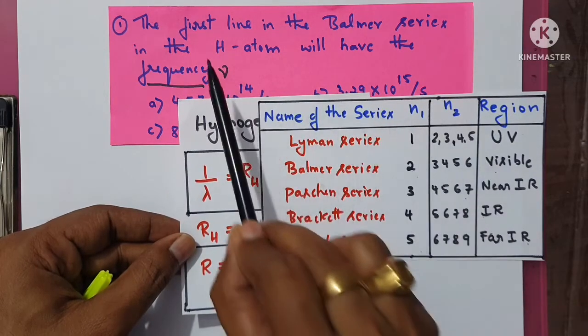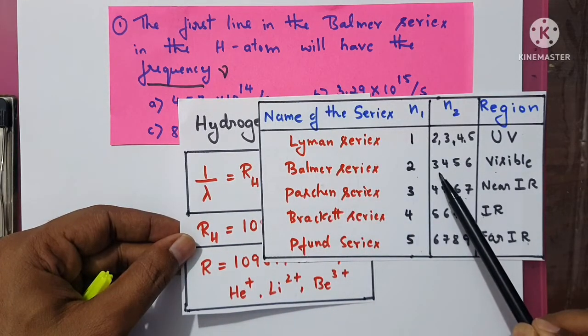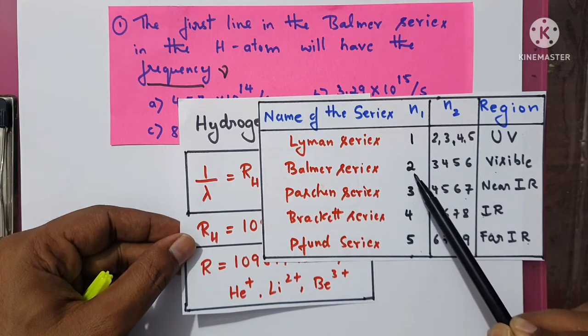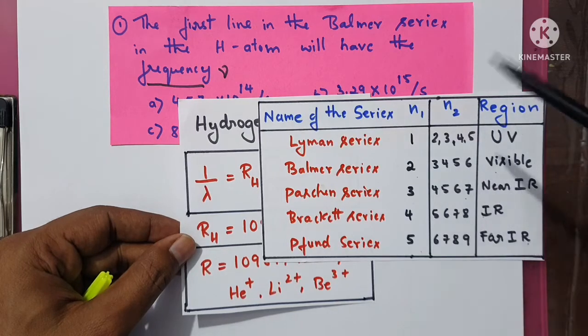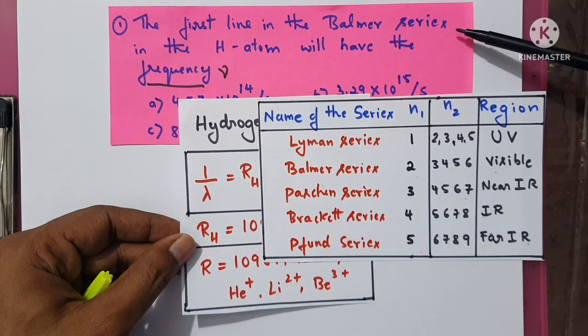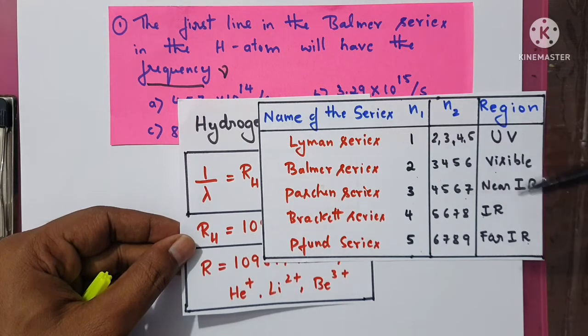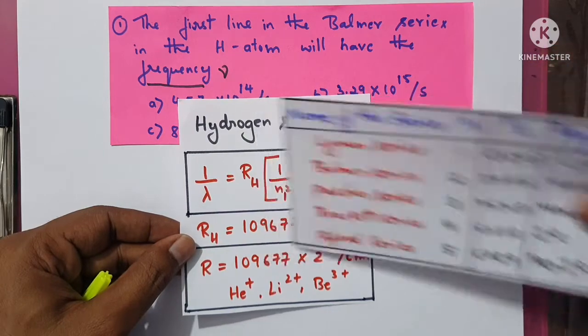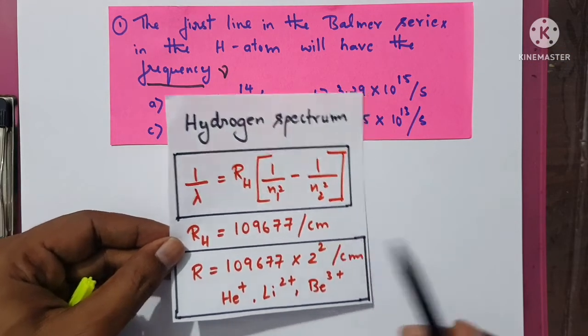For the first line, the n2 value will be 3. So n1 will be 2, n2 will be 3. I hope you have understood, because in the question they have mentioned it is Balmer series. That is why I am taking n1 as 2 and n2 as 3. Hope you have understood this chart and you know the formula now. Let us start with the formula first.